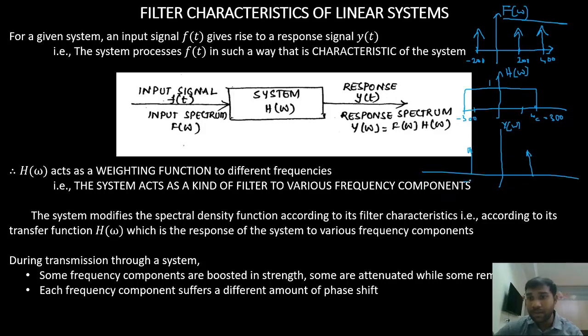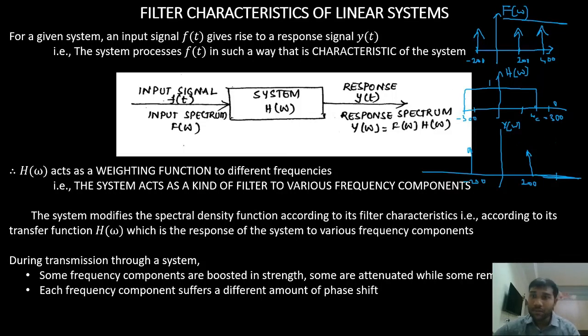So this is my negative 200 impulse and this is my positive 200 impulse, and here positive 400 is multiplied with, here at 400 what is there, it is 0, so multiplied with 0. So the impulse at 400, frequency 400, is rejected by the filter.